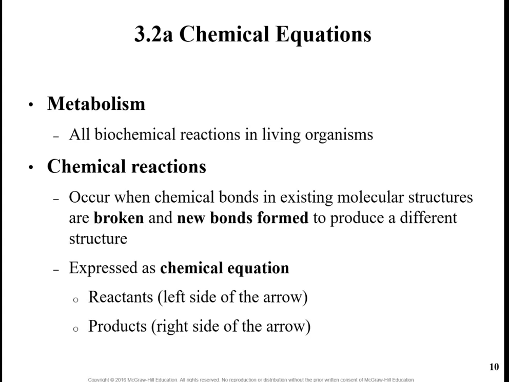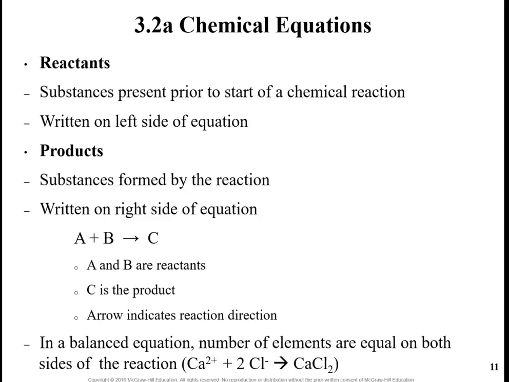Metabolism is the sum of all biochemical reactions happening in a living organism. Chemical reactions occur when chemical bonds in existing molecular structures are broken and new bonds are formed to produce a different structure. And this is expressed as a chemical equation, where you have the reactants on the left side of the arrow and the products on the right side of the arrow.